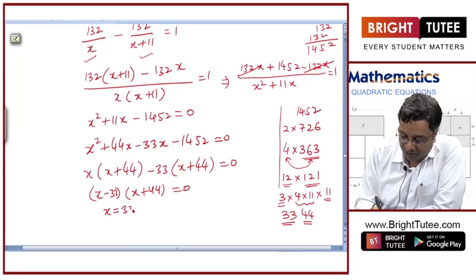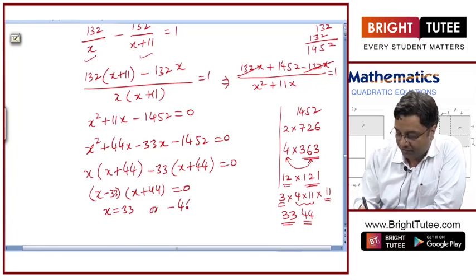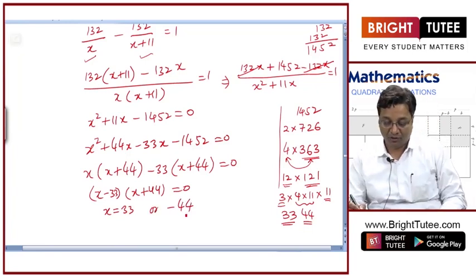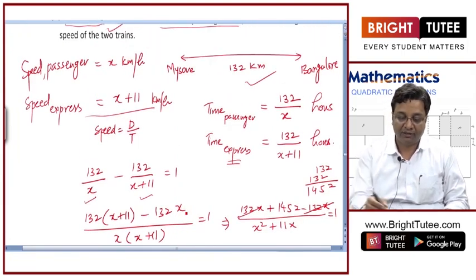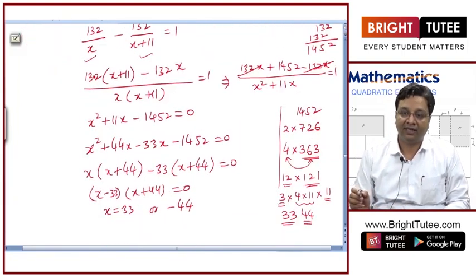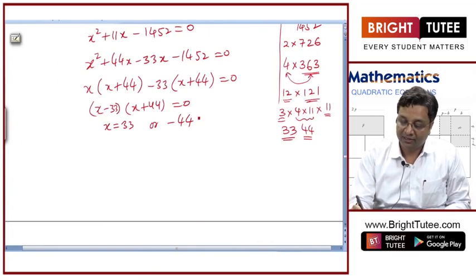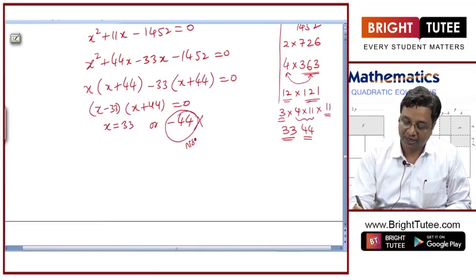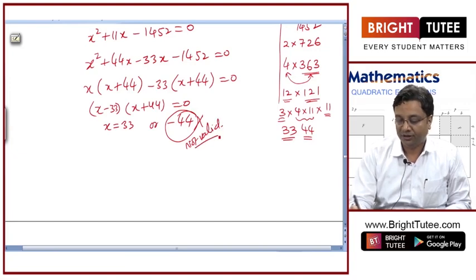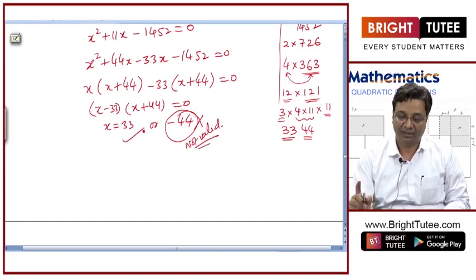Hence x can be equal to 33 or minus 44. Now let's look at the question. What is x in our question? x is the speed of the passenger train, right? So it cannot be negative. Hence this one we cannot consider. This answer is not valid. So the valid answer is x equal to 33.